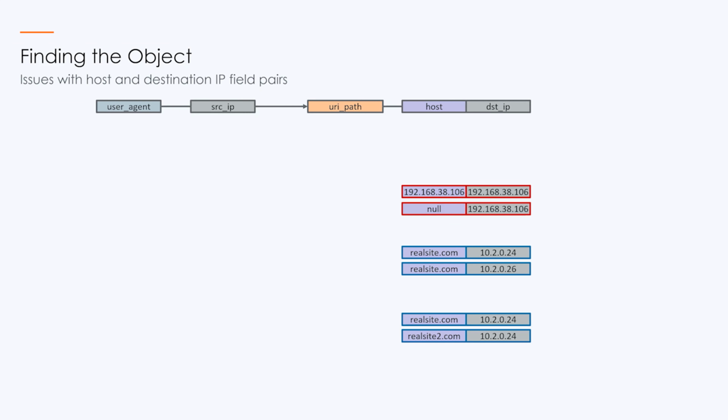Well, there are going to be issues because you have different configurations. There are web shells that don't have a host, so they'll have a null host. You have load balancing. You have multiple domains using the same web server. So having the host and dest IP fields separate is not going to work out well in terms of encapsulating the object you're interested in.